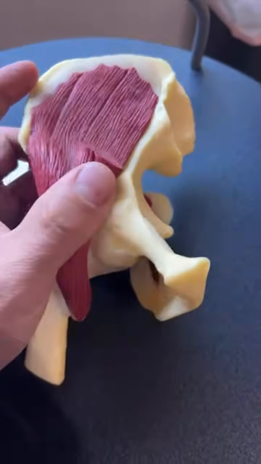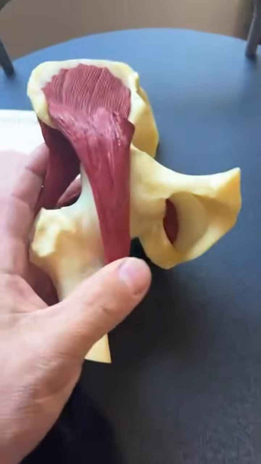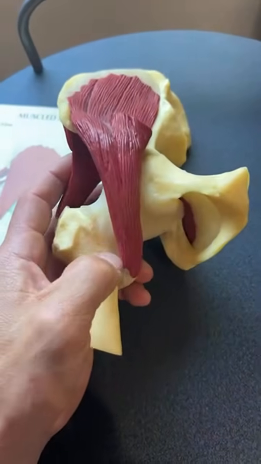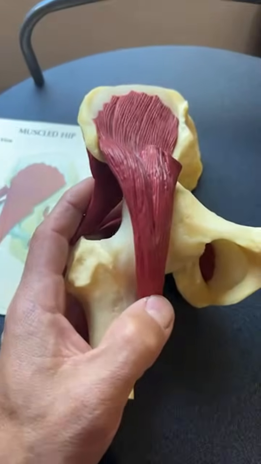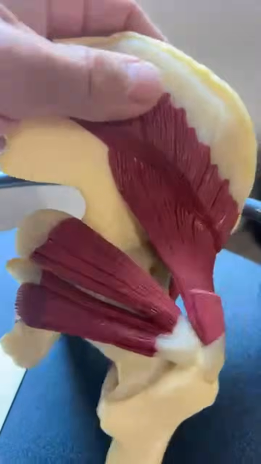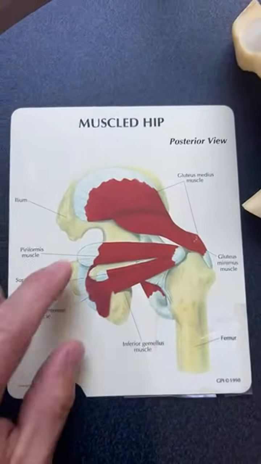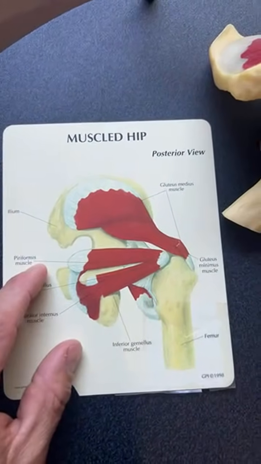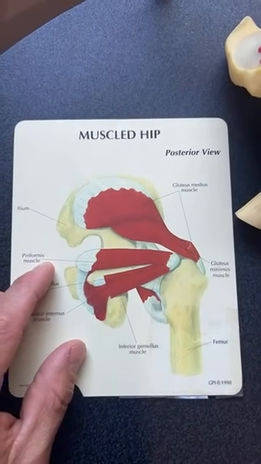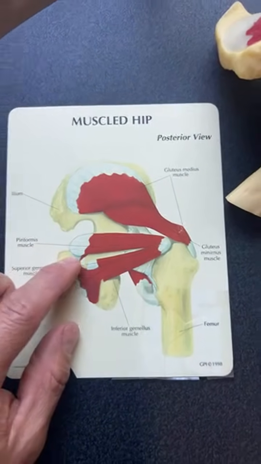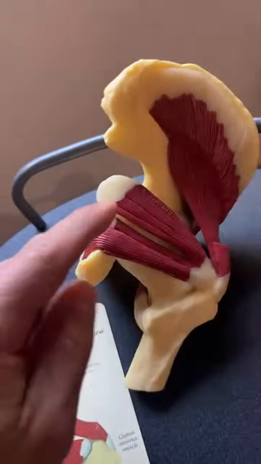And then if you look around the backside here, by the way, this is the area where people say they have this clunking, popping dancer hip type of syndrome. The muscles on the backside here, these are the guys, the deep rotators of the hip. As you see on this model here, we have the muscle that everybody blames, as well as the psoas, called the piriformis, which is right here.